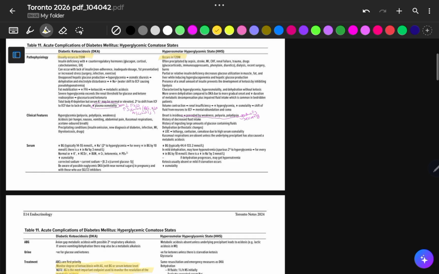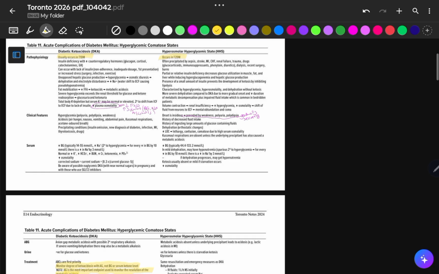They're lethargic, confused, and can present comatose due to high serum osmolality. Your high serum osmolality and high glucose drag fluid from the neurons into the extracellular space.